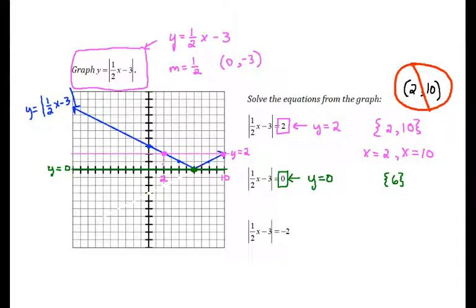And finally, we have -2. So if I graph y equals -2, that is another horizontal line down here below the x-axis. And I can see they don't intersect at all, and no intersection points means no solution.